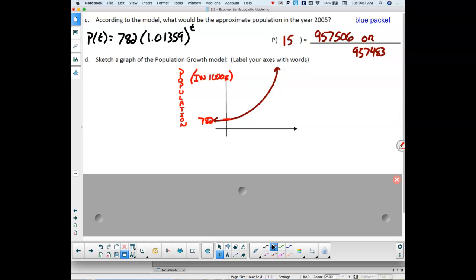And then let's go up here as 895. Okay, love it. 2 of the 4 labels are labeled. Time in years is on the bottom then.